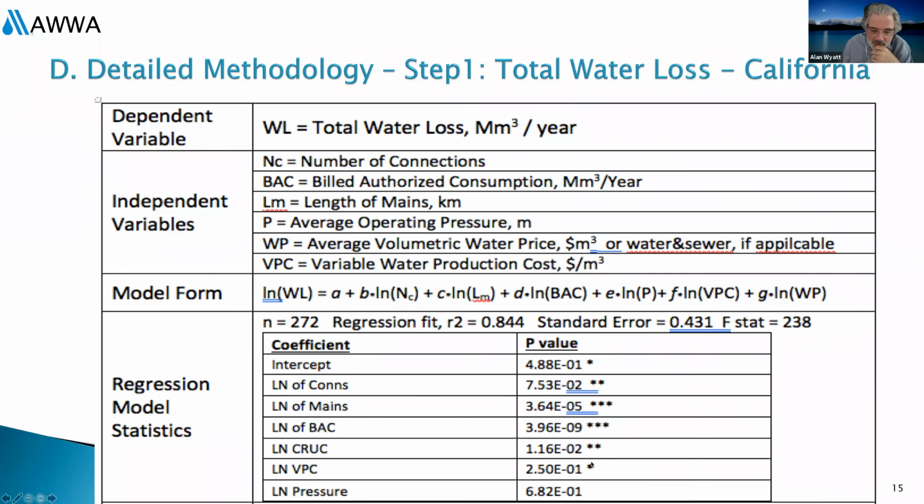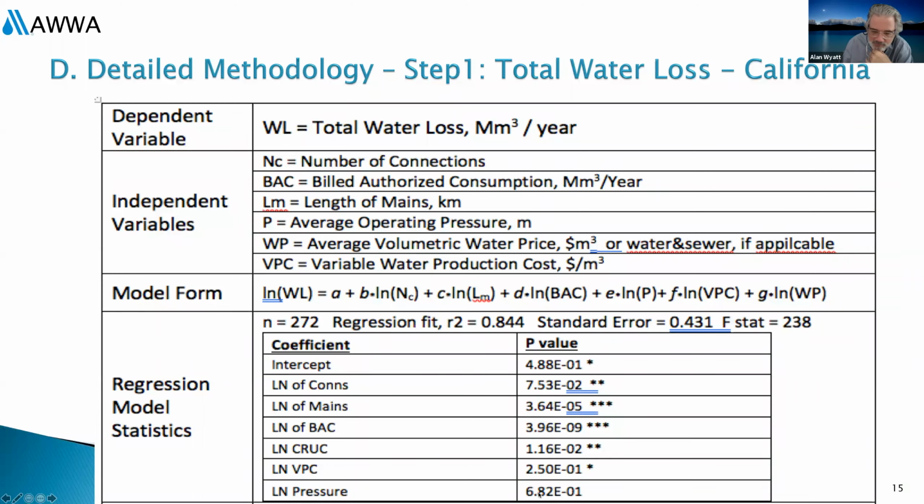And then these are the regression results, and it's an overall R squared of 0.844. That's the ability to predict the total water loss from these input variables. And here we have the statistical significance: length of mains, length of connections, billed authorized consumption is hugely significant.